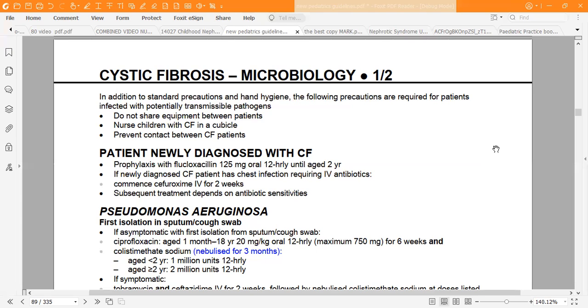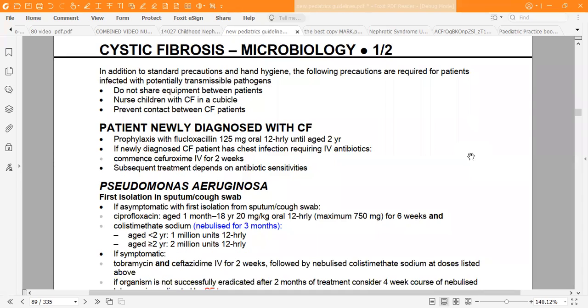You can tell the patient or the parents: do not share equipment between patients, nurse children with CF in a cubicle, prevent contact between CF patients. It's a very important standard, and you have to follow it in the ward if you have decided to admit the cystic fibrosis patient.